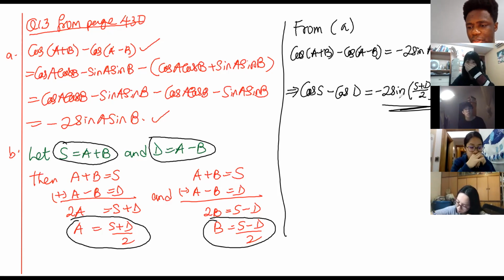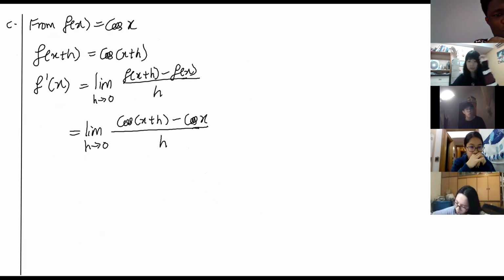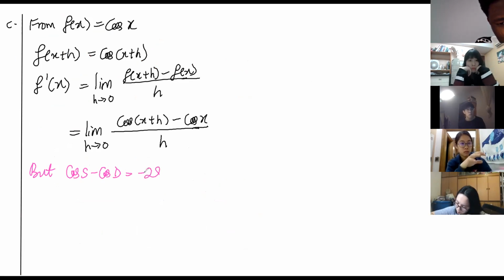All right, so let's go to the next page. So I can say that cos s minus cos d is equal to -2 sine of (s plus d) over 2 times sine of (s minus d) over 2.